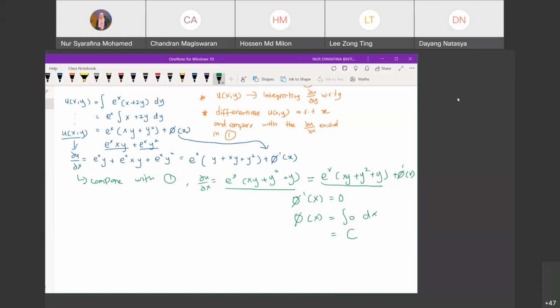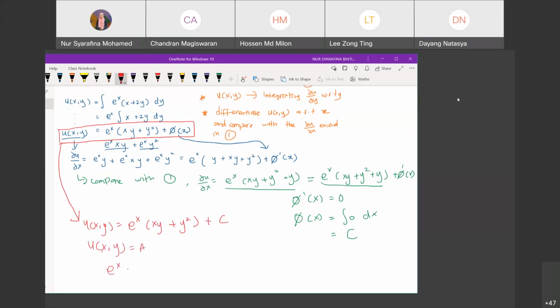Now, from u(x,y), once you already get your psi(x), we can write u(x,y) now equals e^x times (xy plus y squared) plus constant. And remember, we need to write in terms of u(x,y) equals A.